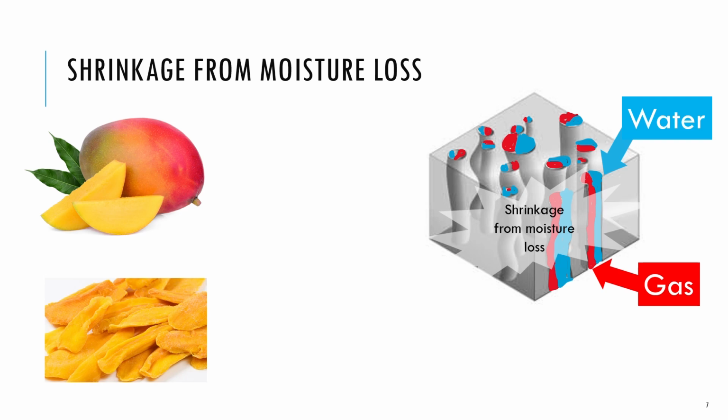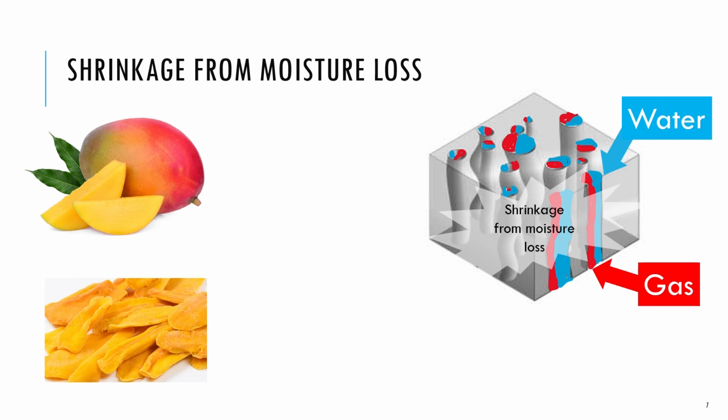The matrix tries to collapse by the same amount as the amount of water removed. However, the matrix is constrained by itself. So even though it tries to shrink as much, it cannot. It produces stresses in the solid, and the final reduction in volume can be less than the amount of water lost.